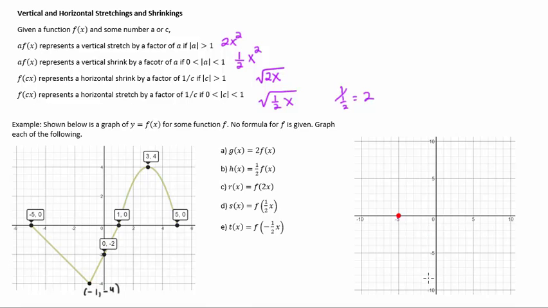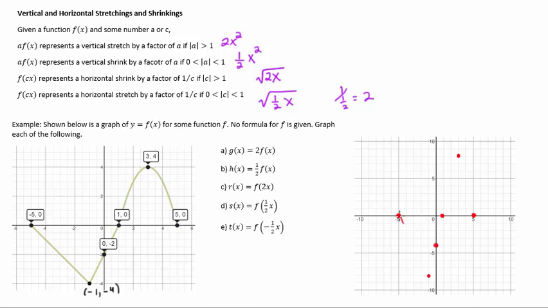So negative 1, negative 8. 0, negative 2 becomes negative 4. 1, 0 stays at 1, 0 because 0 times 2 is still 0. 3, 4, that 4 goes up to 8. And then 5, 0 stays.